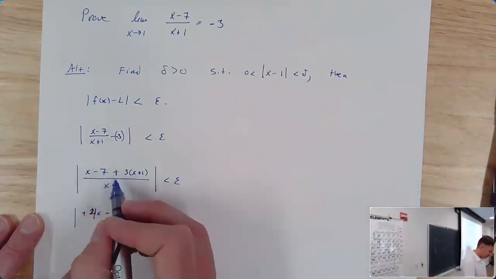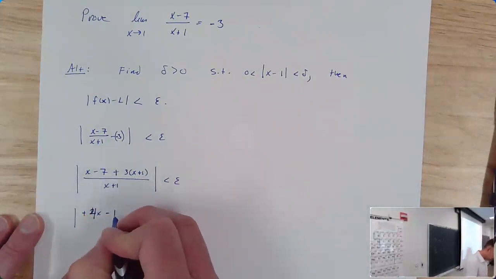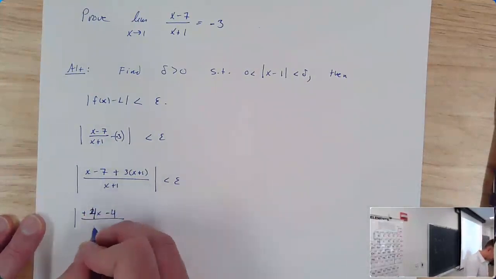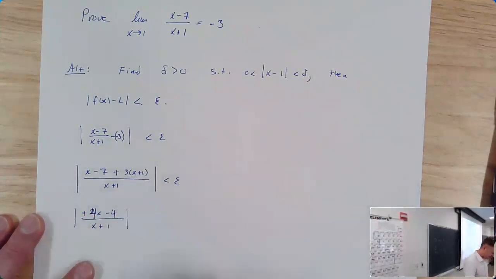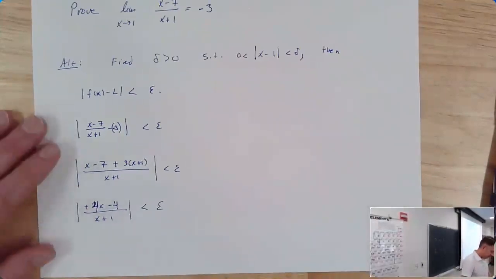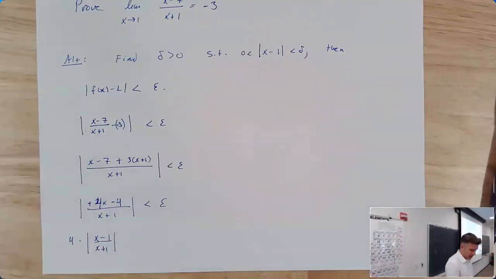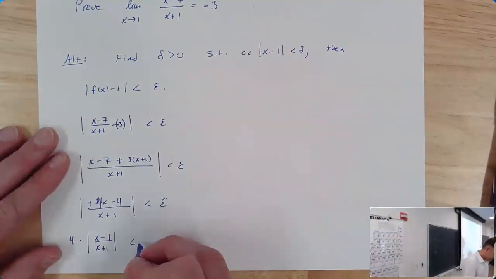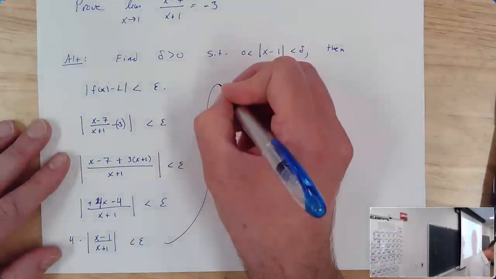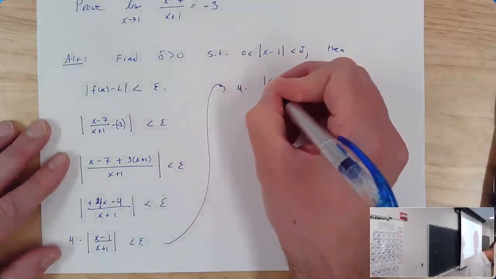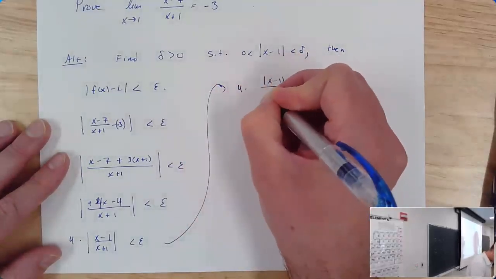And then minus 7 plus 3 is a minus 4 all over x plus 1. Factoring out a 4, I've got 4 times the absolute value of x minus 1 over x plus 1. Which, if we want to break it up, is going to look like 4 times the absolute value of x minus 1 over the absolute value of x plus 1.